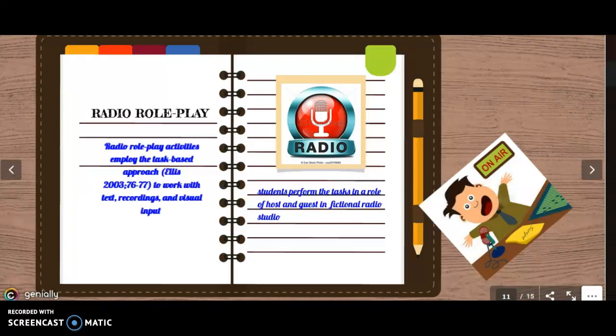Radio role play activities employ the task-based approach to work with text, recordings and visual input. Students perform the tasks in the roles of host and guest in a functional radio studio.